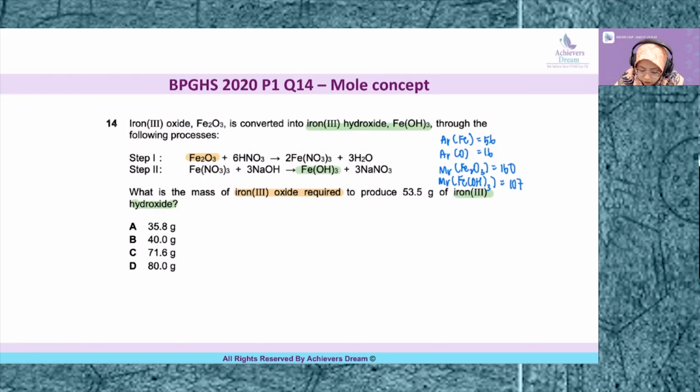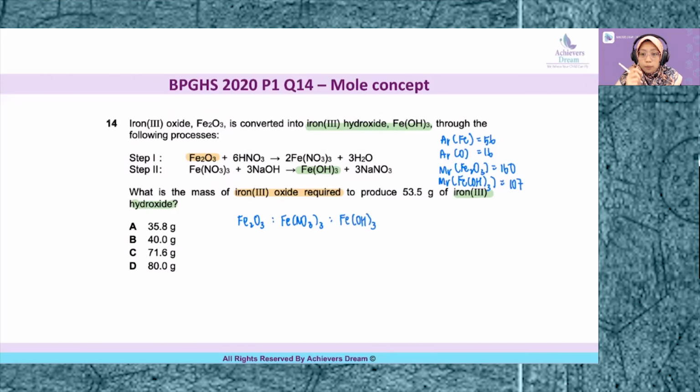So how would you actually attempt this question? You've realized that to get iron 3 hydroxide, it is a 2-step process, correct? First, from iron 3 oxide, in the first step, it will react with nitric acid to form iron 3 nitrate, which then in the second step reacts with sodium hydroxide to form iron 3 hydroxide.